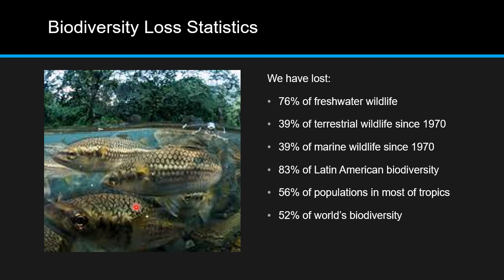We have lost 39% of terrestrial wildlife since 1970, 39% of marine wildlife since 1970, 83% of Latin American biodiversity, 56% of populations in most of the tropics, and 52% of the world's biodiversity. All of this because of biodiversity loss and species extinction.